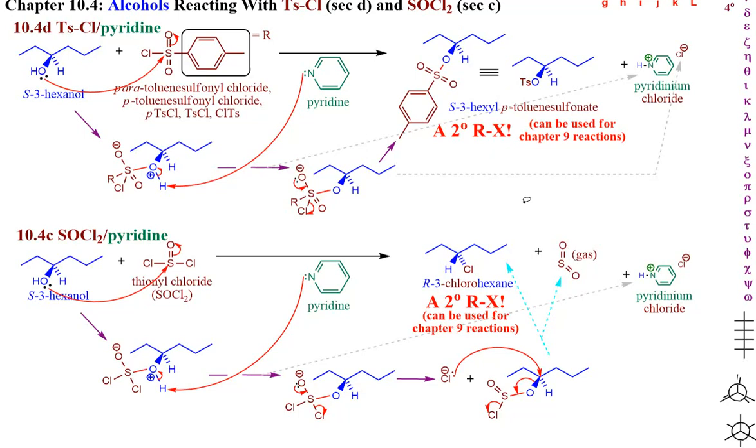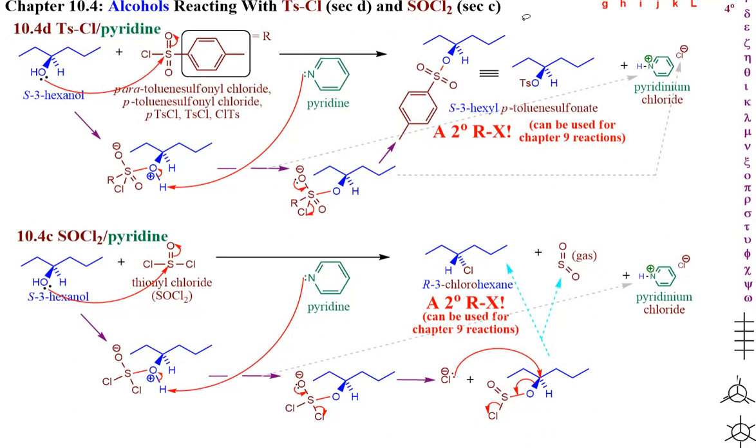So there you have it. We have alcohols reacting with toluene sulfonyl chloride and thionyl chloride, giving secondary alkyl carbons with excellent leaving groups, either a toluene sulfonate ester or an alkyl chloride.